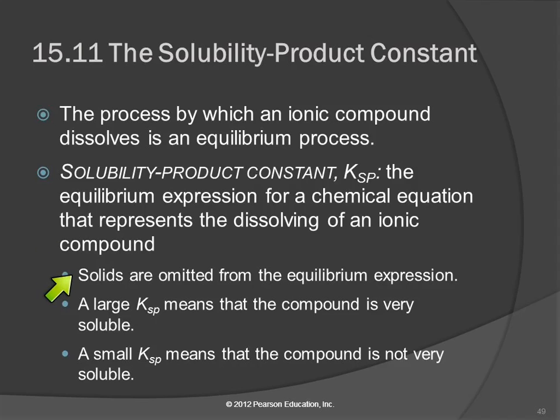We remember that solids are omitted from the equilibrium expression because their concentrations don't change. A large KSP means the compound is very soluble, and a small KSP means the compound is not very soluble.